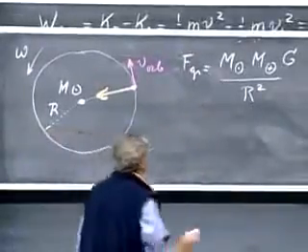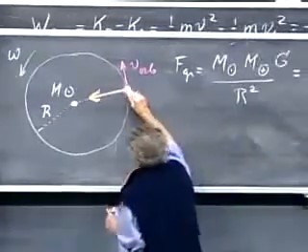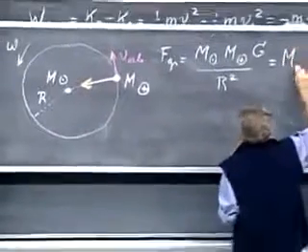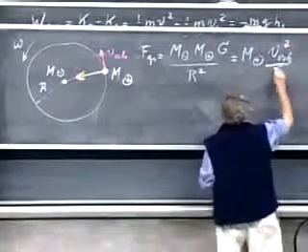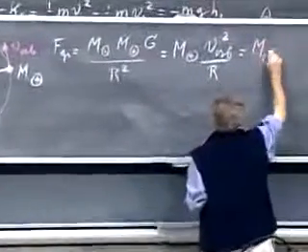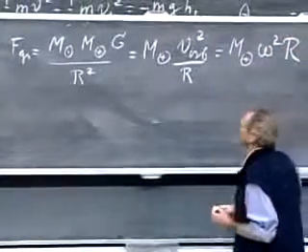But it also must equal the centripetal force, the mass of the Earth times the orbital speed v squared divided by the orbital radius, and if you prefer to write that in terms of omega squared r, that's fine too.